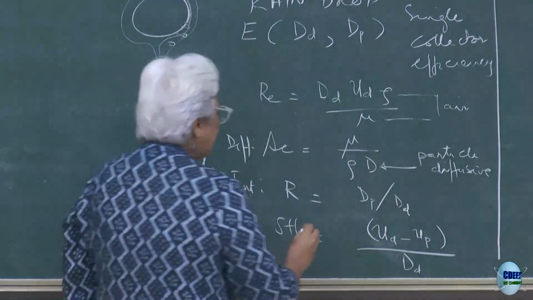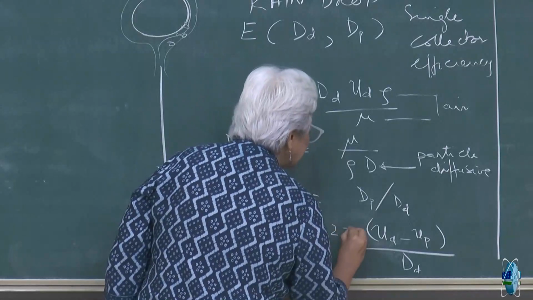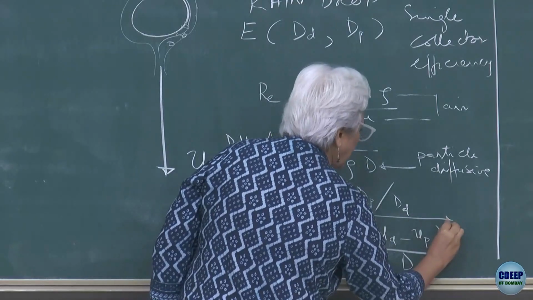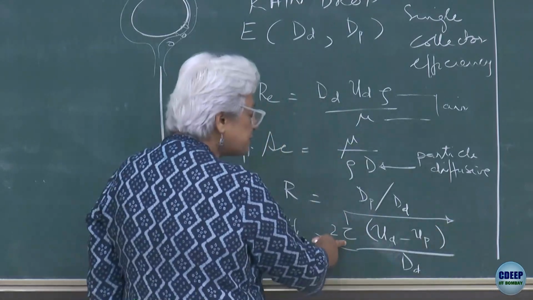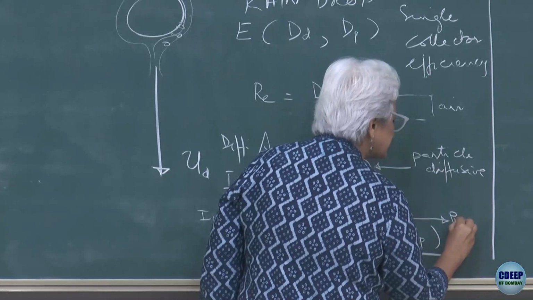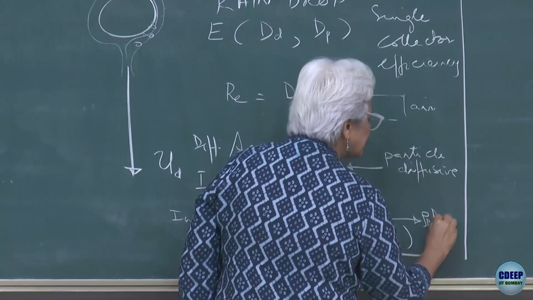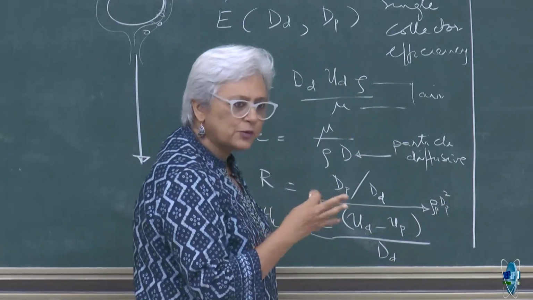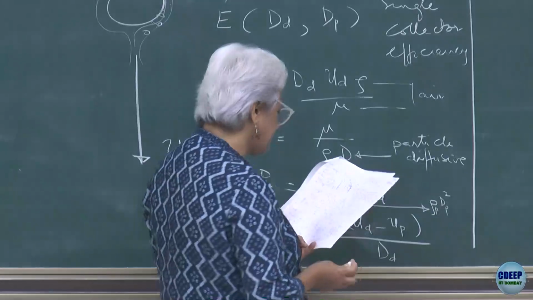And what did we have over here? We had this idea of having a relaxation time, and that relaxation time is going to be that of the particle. It's when the force changes on the particle, how quickly does it get out of the way, right?